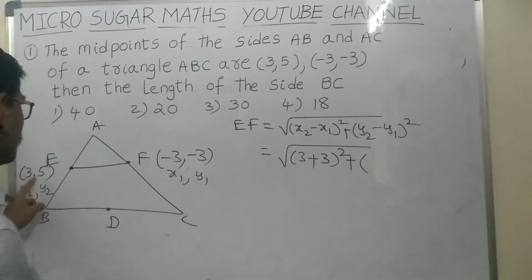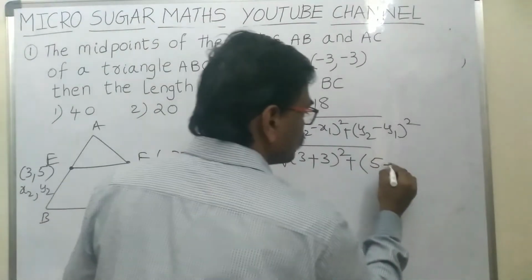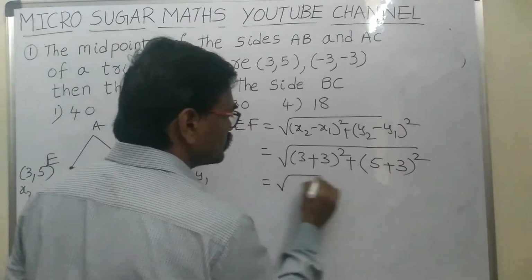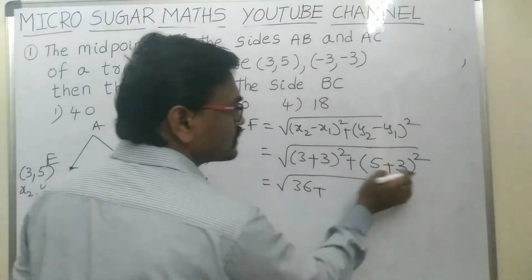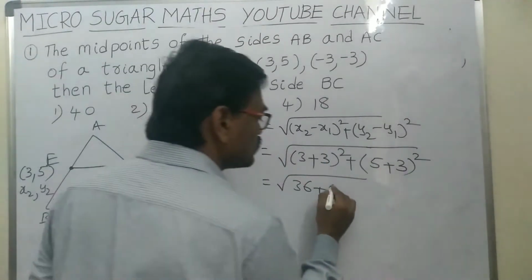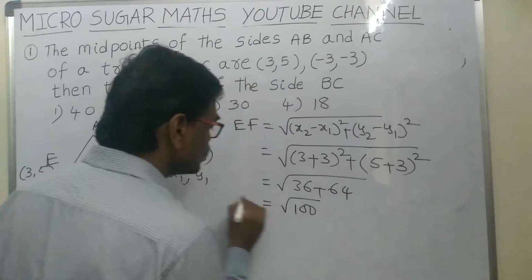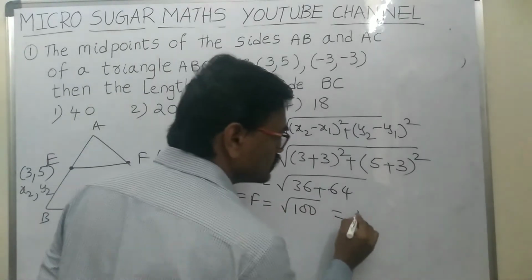Y2 value is 5 and y1 value is -3, so (5 plus 3) whole square, which is equal to 6 square, 36, plus 8 square, 64, which is equal to square root of 100. That is your EF value, and square root of 100 is 10.